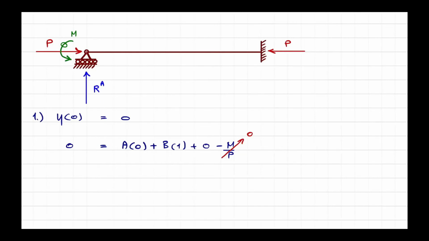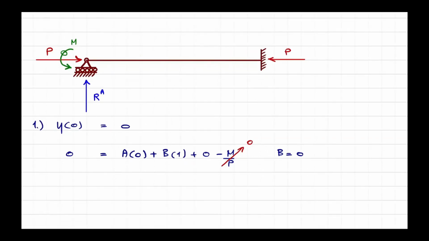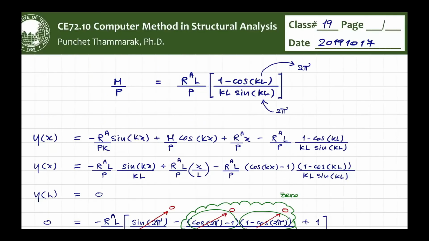So that makes b equal to 0. A multiplied by sine plus b cosine plus RA times 0 minus M over P, and M over P has to be 0 this time. Okay, b is equal to 0.